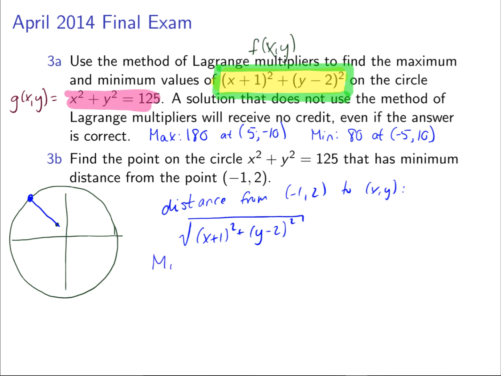So we already found that this is minimized by the point negative 5, 10. So this is the point that is closest to the point negative 1, 2 on the circle of radius root 125.